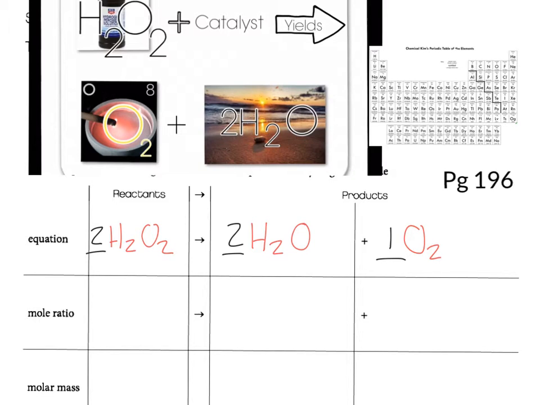So that balances out 4 hydrogens, 4 hydrogens, 4 oxygens, and 4 oxygens because the oxygens are spread out. So we have our reactants and we have our products. Now again, those coefficients represent a mole ratio. So we can say we have 2 moles of H2O2 reacting to produce 2 moles of H2O plus 1 mole of oxygen.